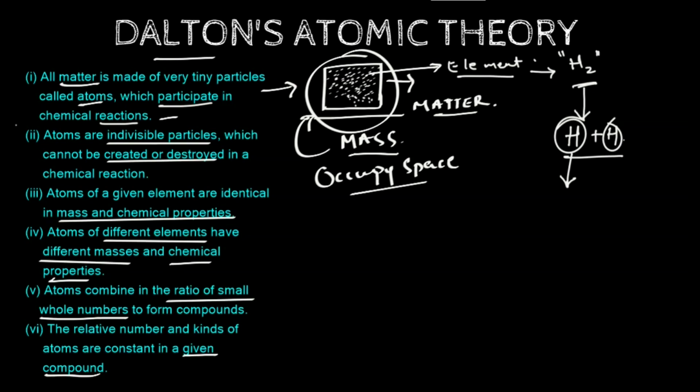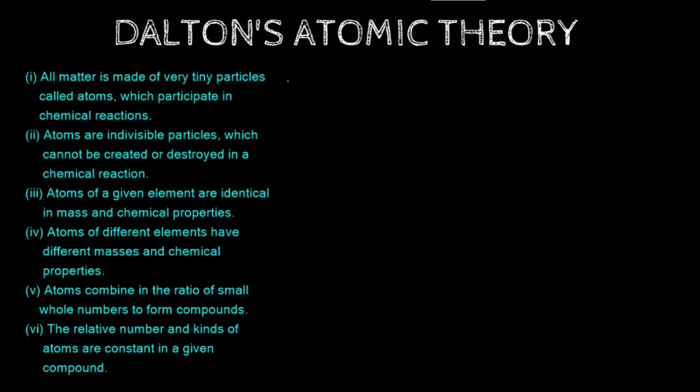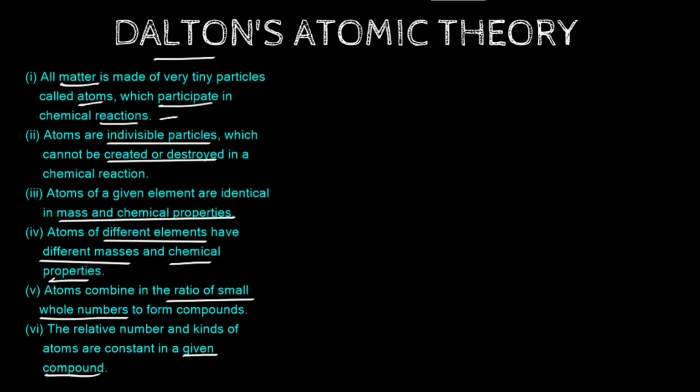To make you understand easily, let us consider a simple chemical reaction where hydrogen reacts with chlorine to form hydrochloric acid. Here an atom from here and an atom from here combine together to form a molecule of hydrochloric acid. In his second postulate, he says that atoms are indivisible particles which cannot be created or destroyed in a chemical reaction.